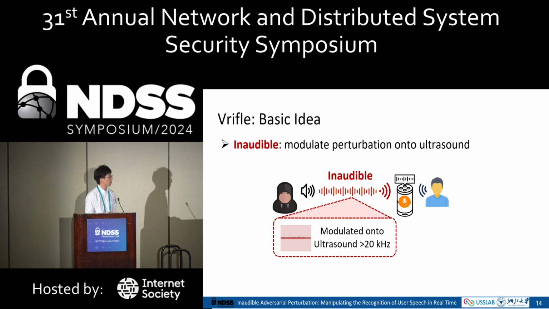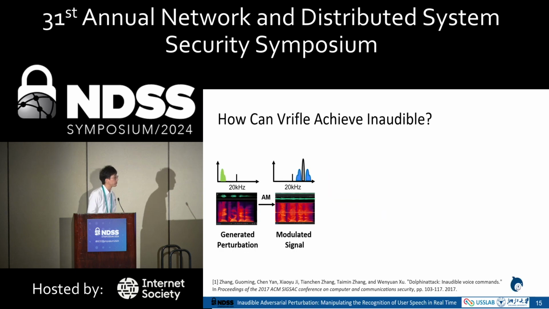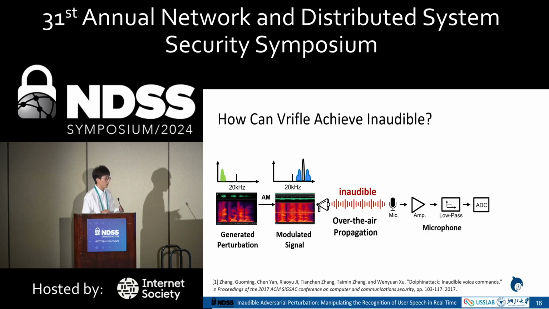In this work, we present VRIFLE, and its basic idea is to achieve completely inaudible attack delivery by modulating the adversarial perturbation onto ultrasound. So how can VRIFLE achieve inaudibility? We employ amplitude modulation to load our generated perturbation onto the ultrasound, so it's inherently inaudible during over-the-air propagation and will be received by the microphone in the ASR system.